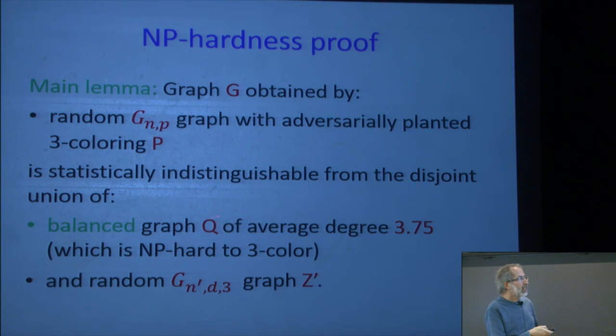So we need to show that such graphs are NP-hard to color, which is not so difficult to show, and that they exist in every G(n,p) graph. Every such graph, if it's small enough, exists with high probability in almost every G(n,p) graph. So we can show that the two distributions, one produced by the adversary and one by our simulation, are statistically indistinguishable.